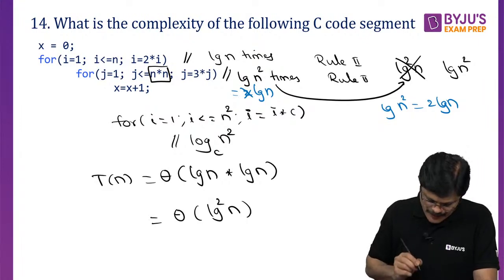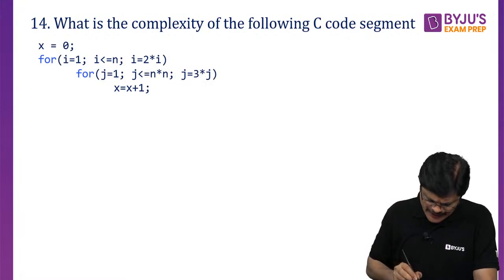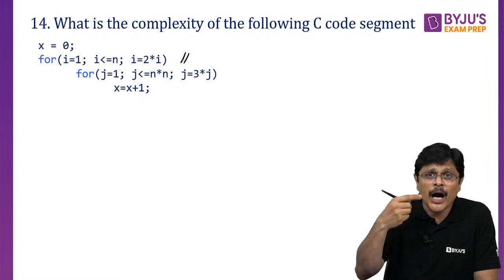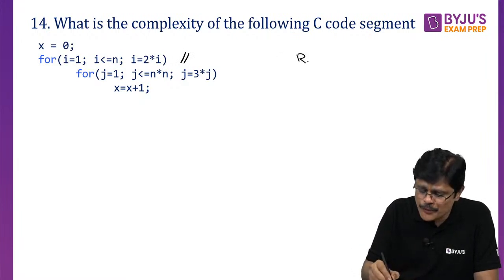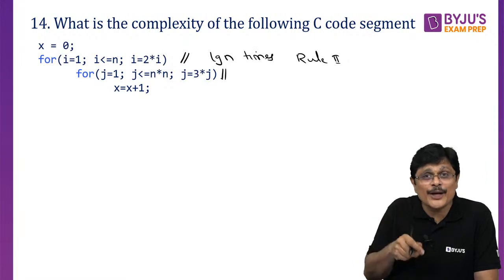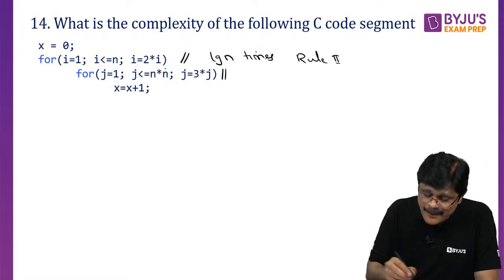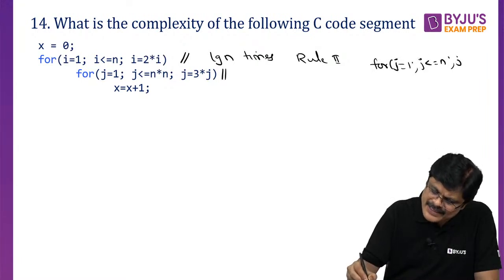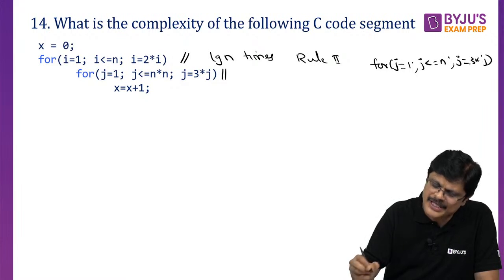Rest of the people, I am clearing everything so that I can quickly redo this problem. See, the outer loop is rule 2, so log n times. The second loop, the inner loop, is the same idea: j equals 1 to n, j equals 3 into j.